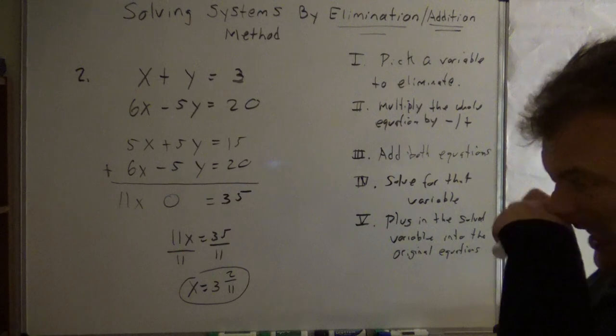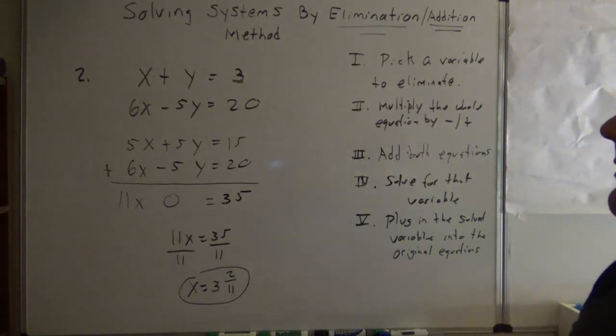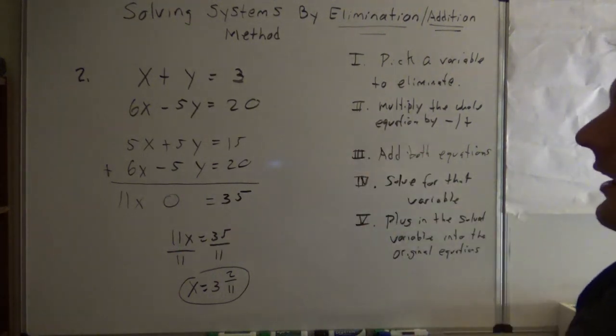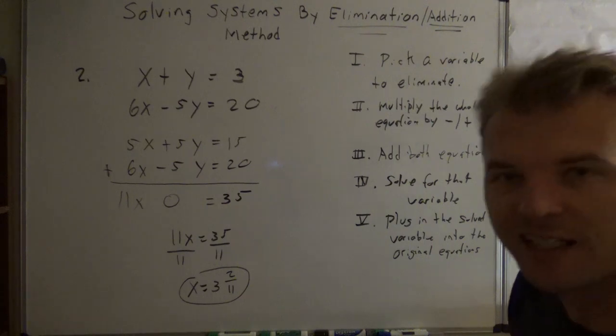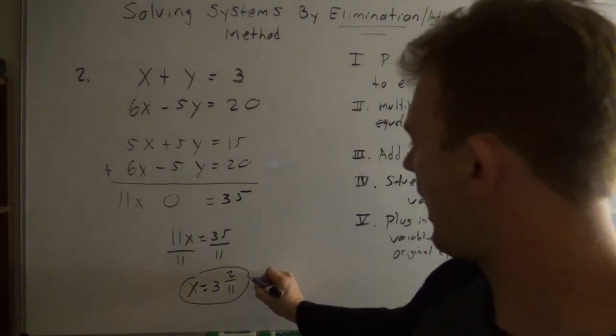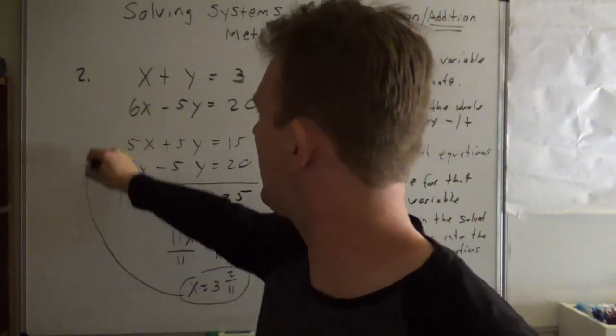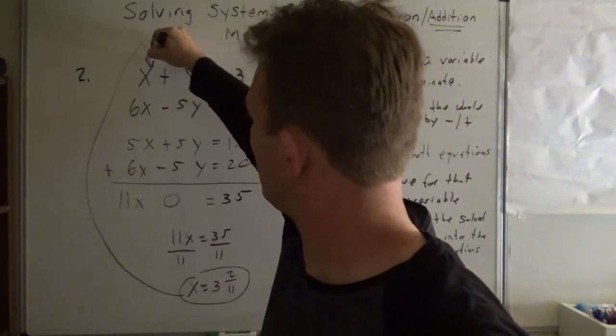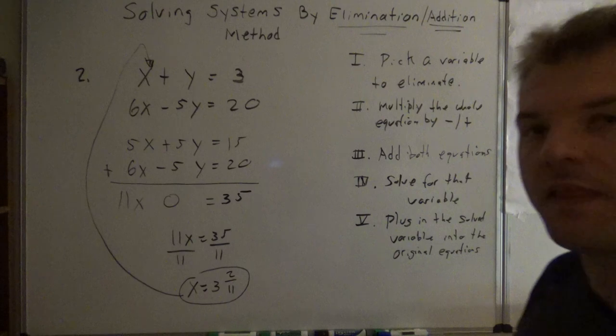So since the first one is very easy to put a number in for x and then solve for y, I'm going to do it that way. So I'm going to plug this for there and then solve for y.